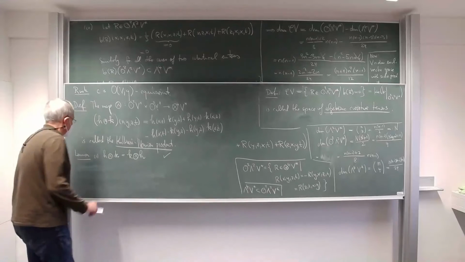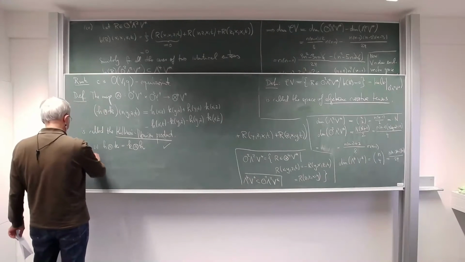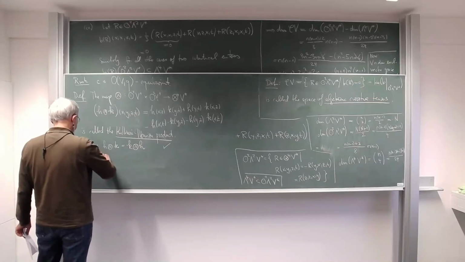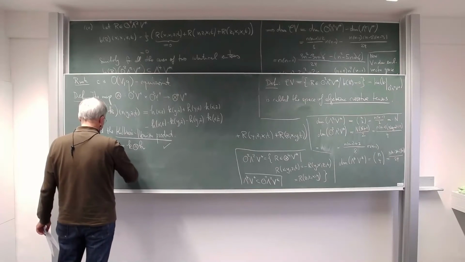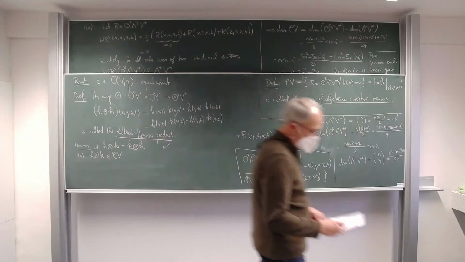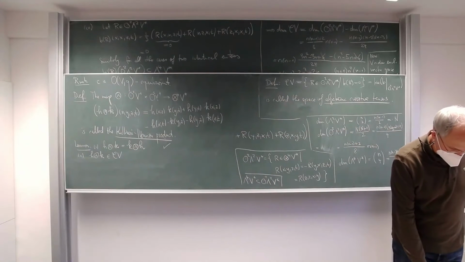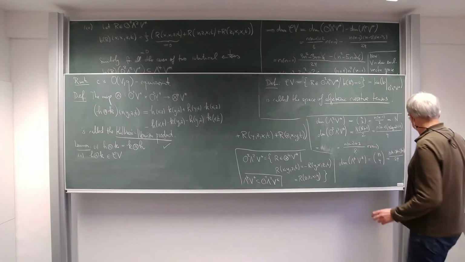Good. More interestingly, our Kulkarni-Nomizu product actually always lands us in the space of algebraic curvature tensors. And for this, we have to check the symmetries that we have used to define those. So let's see.